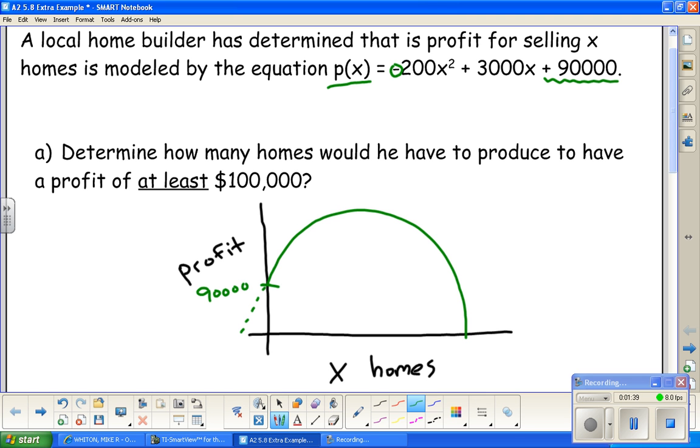Our question now is, how many houses must he sell in order to have the profit be greater than 100,000? Just to visualize, let's say 100,000 is up here somewhere.